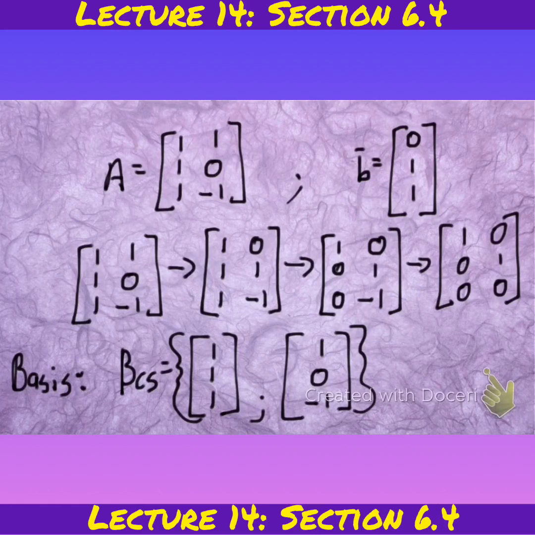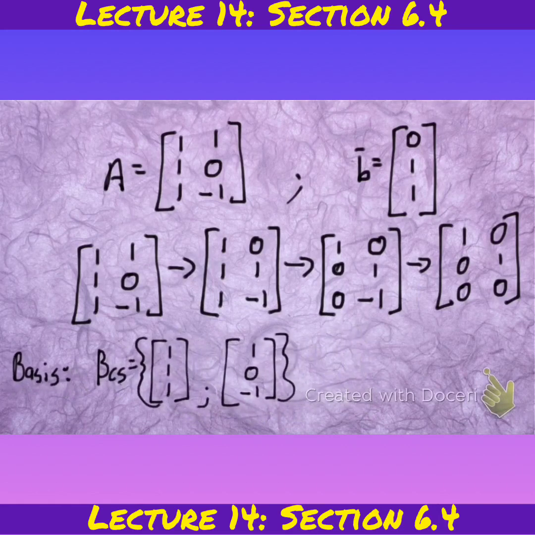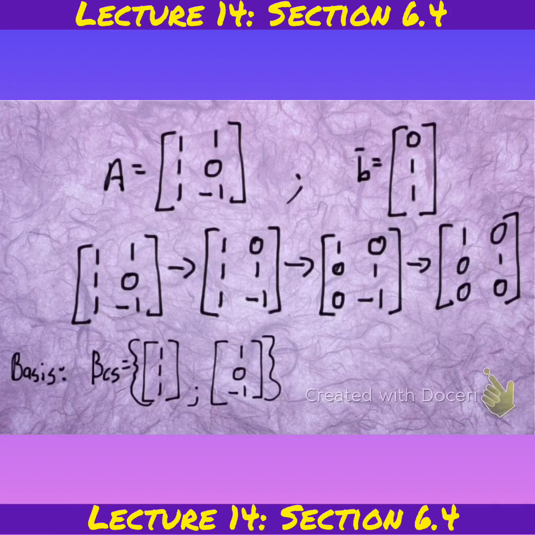Now, just note that this basis that I've constructed, if I look at the dot product of the first vector with the second vector, if I take that dot product, that's going to be 0. So what can I say?